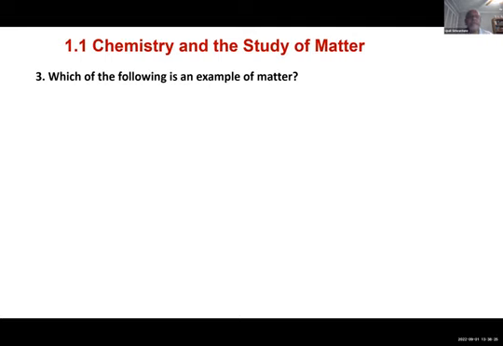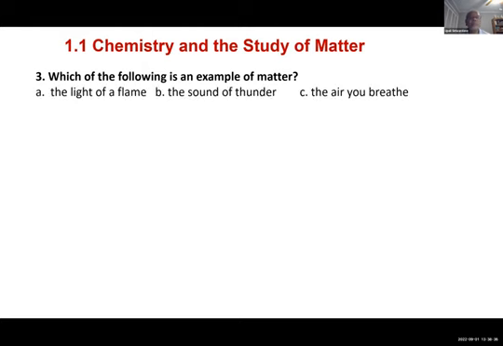Question is, which of the following is an example of matter? Okay, can you read this? The light of a flame, is it an example of matter? The light of a flame is energy.